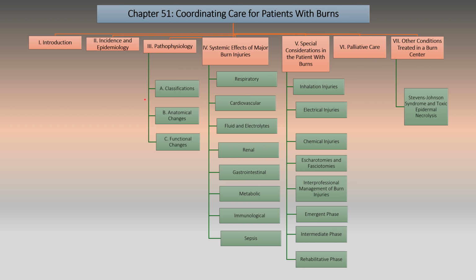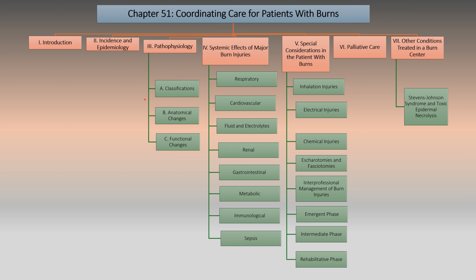Deep muscle damage releases myoglobin into the bloodstream, causing myoglobinuria, which can occlude renal tubules and cause acute tubular necrosis, so kidney failure.